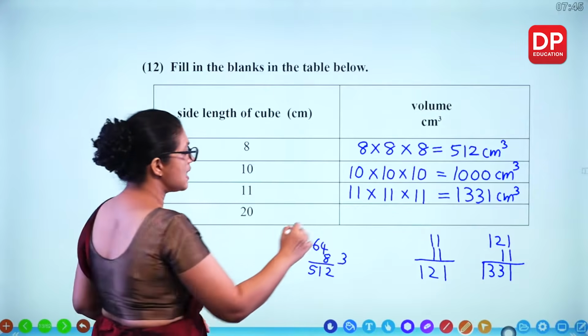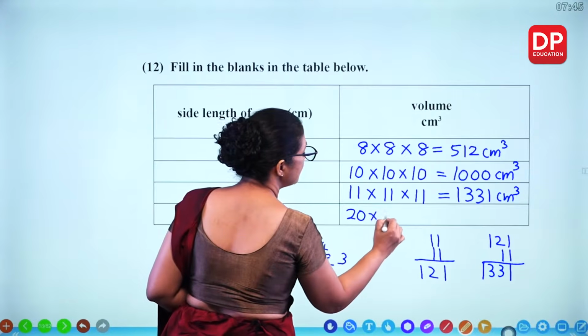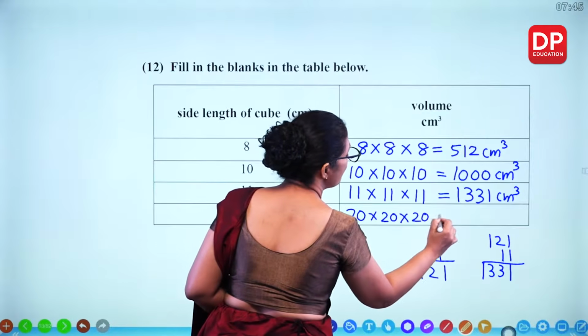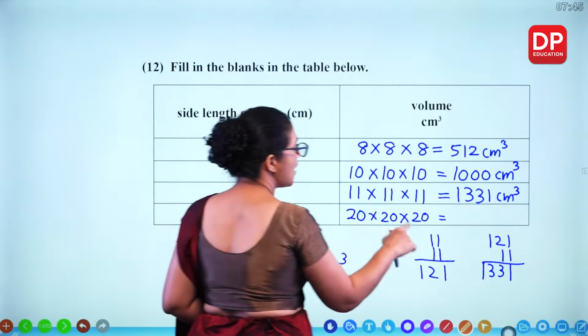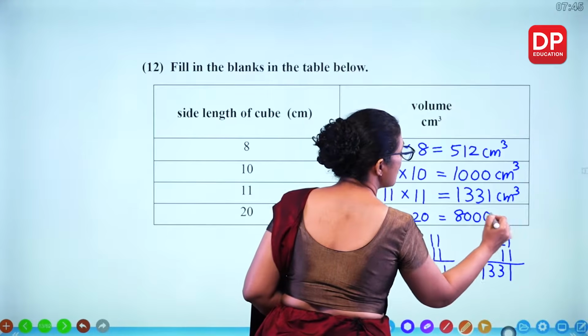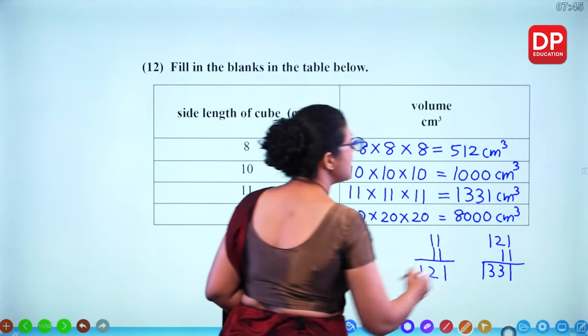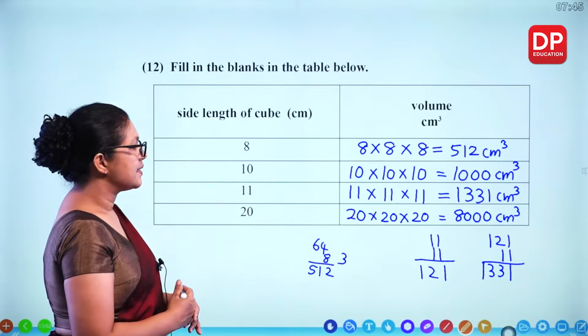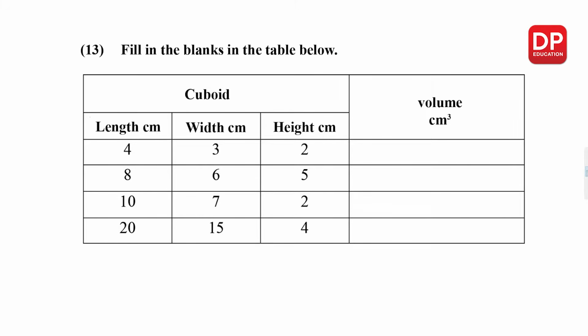This one, 20 times 20 times 20. 2 times 2, 4, 4 times 2, 8. And put 3 zeros. 8,000 cubic centimeters.